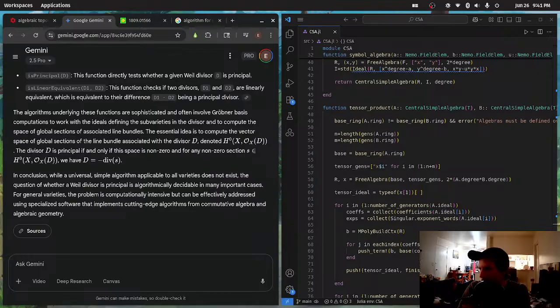But if we're working with a divisor, then let's say we're working with a projective variety, we've got a graded ring, a nice graded ring, let's say. Okay, well, if we just had a commutative ring, so in the affine case, then we'd be looking at combinations of height 1 prime ideals or fractional ideals. How would we go about implementing this?